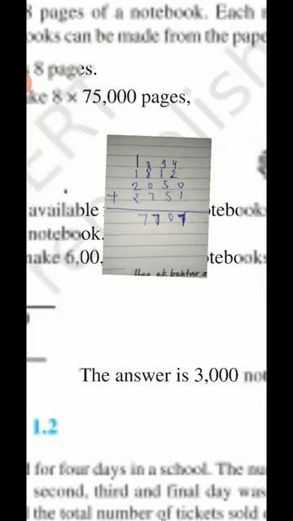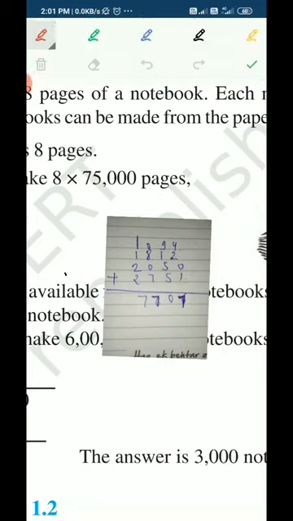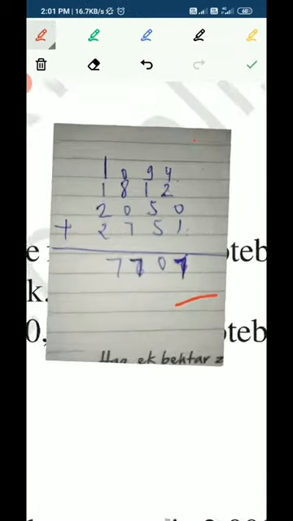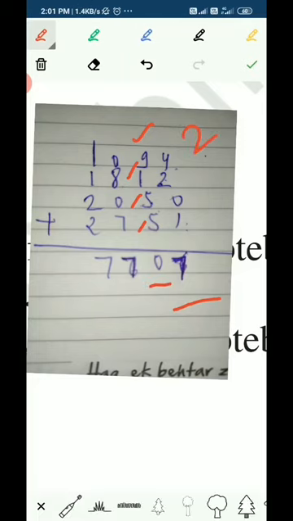4 plus 2 plus 1: 4 plus 2 is 6, and 6 plus 1 will be 7. Then 9 plus 1 is 10, and 5 plus 5 is 10, and 10 plus 10 will be 20, so we will write 0 and 2 will be carried. Then 8 plus 7 plus 0 becomes 15, and with the carried 2, 15 becomes 17, and 7 we will write, and then we carry 1.